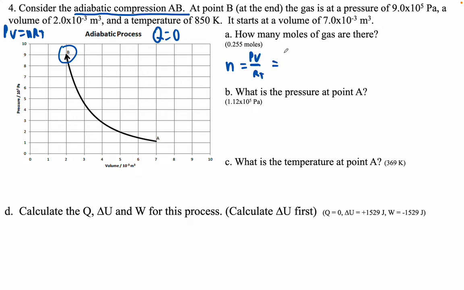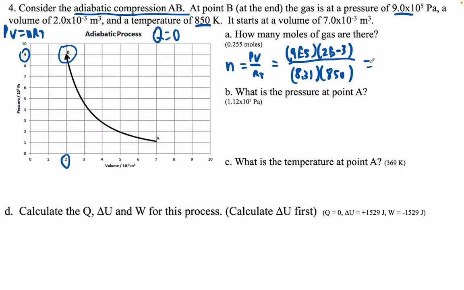At B, we've got 9 times 10 to the 5th. Our volume is 2E minus 3. I'm just reading it here. We can also read it off the graph too, right? 9 and 2. R is still 8.31. And T, it tells us that that's 850.